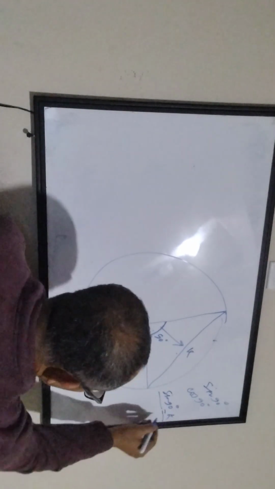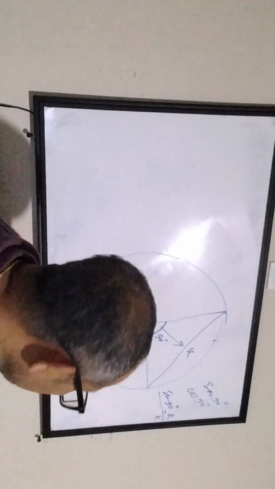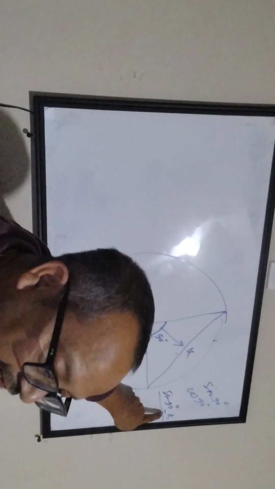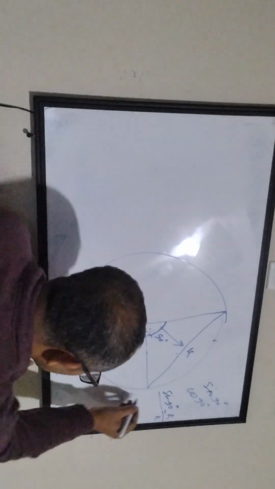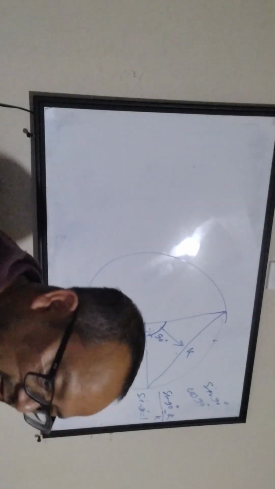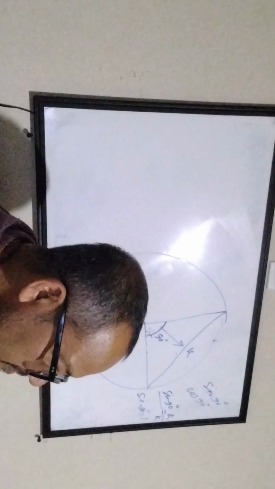Interestingly, k is also the hypotenuse. So both have the same value. So the side opposite to this angle and the hypotenuse both are same. So that is how your sine 90 becomes k by k, which is nothing but 1. Yeah. So the coordinate at 90 degrees would be 0, comma 1.